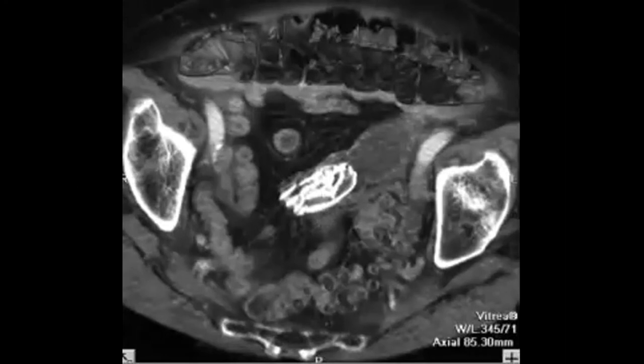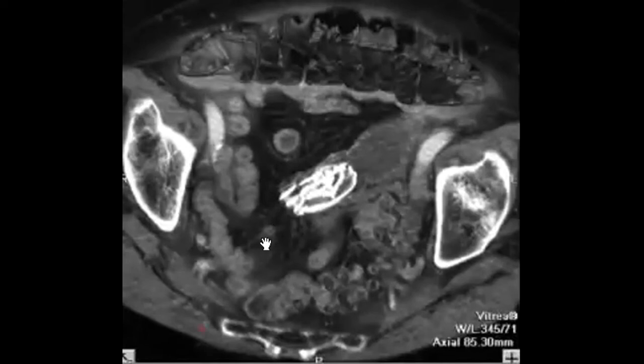And the history you should suspect, to be honest. They mentioned that this stent is prone to migration.